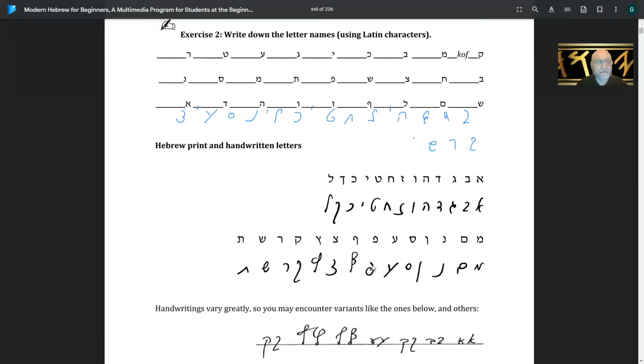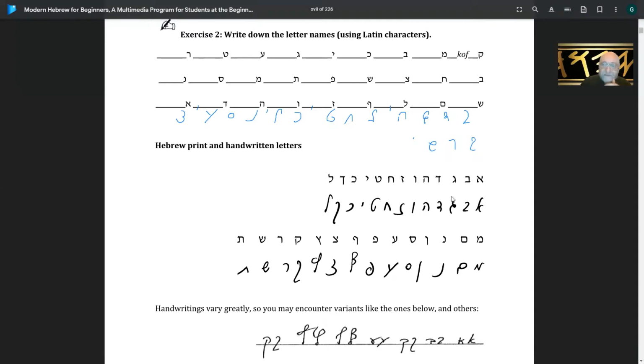Ayin. Let's see, they did the Fe, and then we did the Zadik. We did that okay. Now the Kof, looks like that muscle memory exercise for Kof worked. Looks okay. Resh, Sheen, okay, and then Tav. Okay, so pretty good.